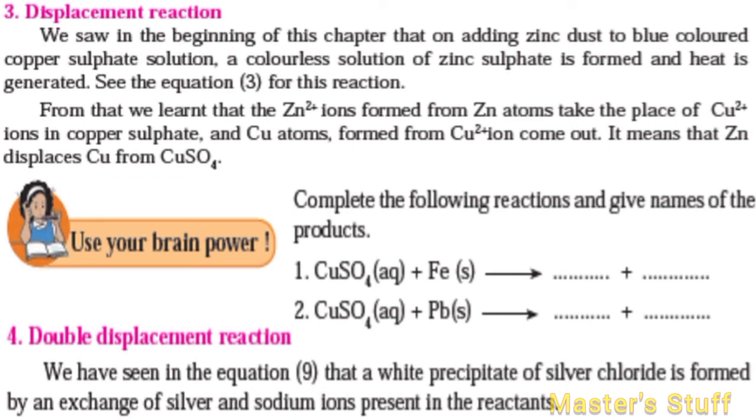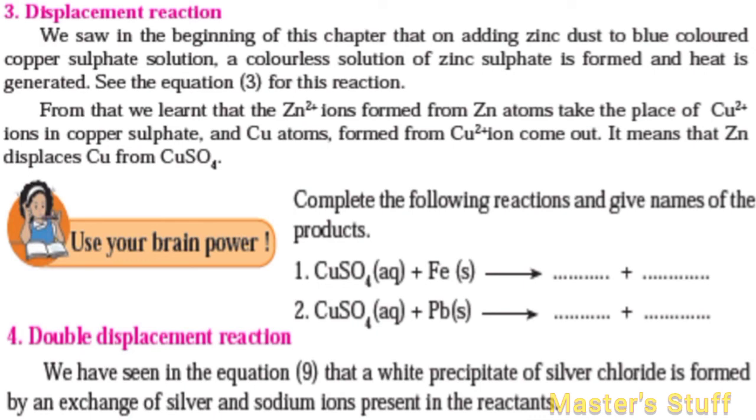From that, we learned that Zn2+ ions formed from Zn atom take the place of Cu2+ ions in copper sulfate. The Cu atom formed from Cu2+ ion comes out. It means that Zn displaces Cu from CuSO4. This is the example of displacement reaction.